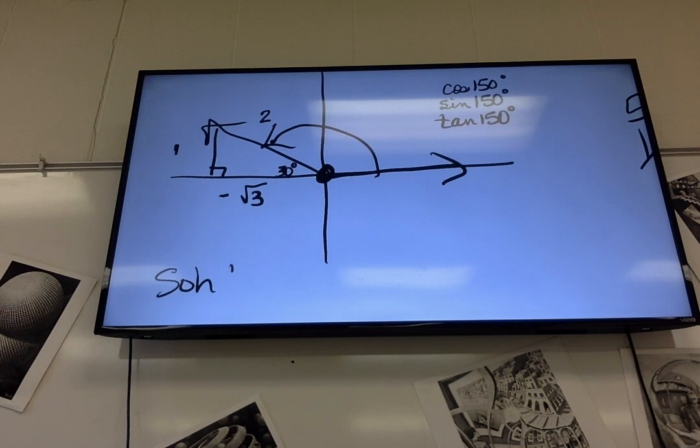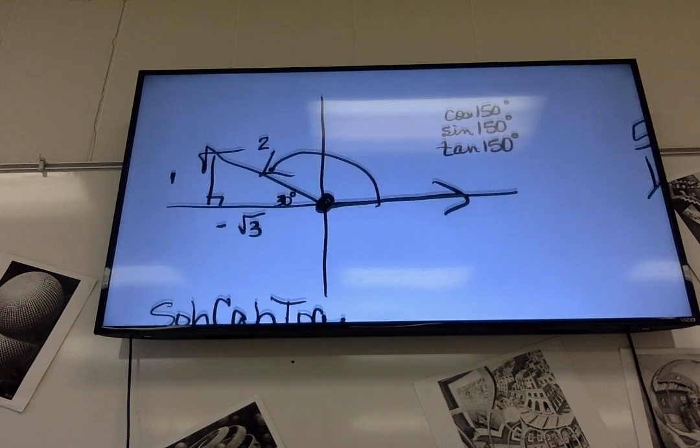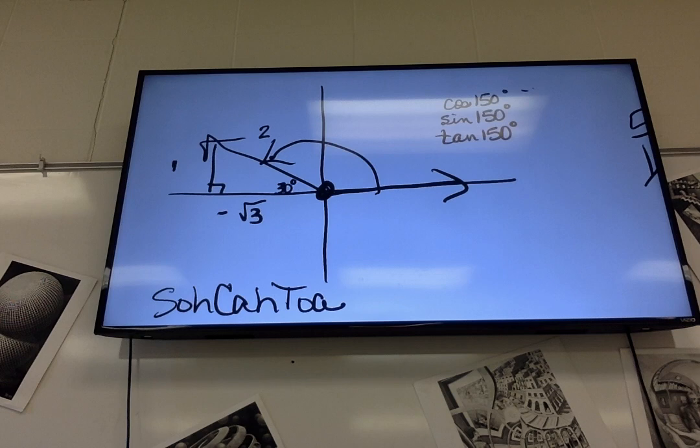Remember SOHCAHTOA. So cosine is what over what? Adjacent over hypotenuse. So that is negative square root of 3 over 2.